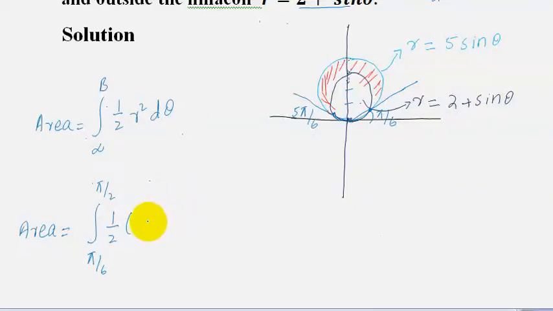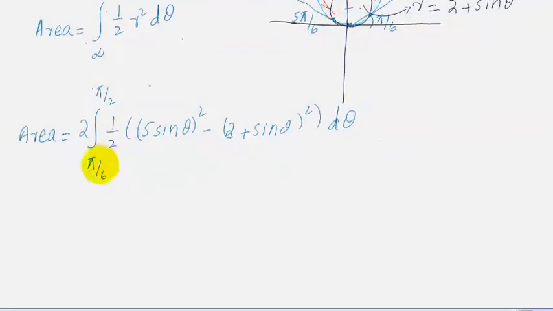So we can write it as (5 sin theta) whole square minus (2 plus sin theta) whole square d theta, and we multiply it by 2 as this region is symmetrical about the y-axis. Now we solve this definite integral to find the required area.